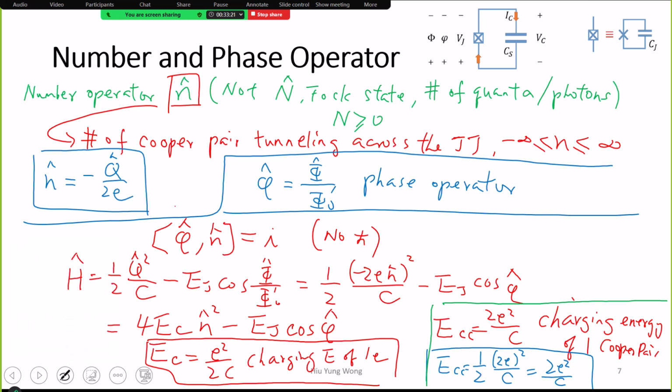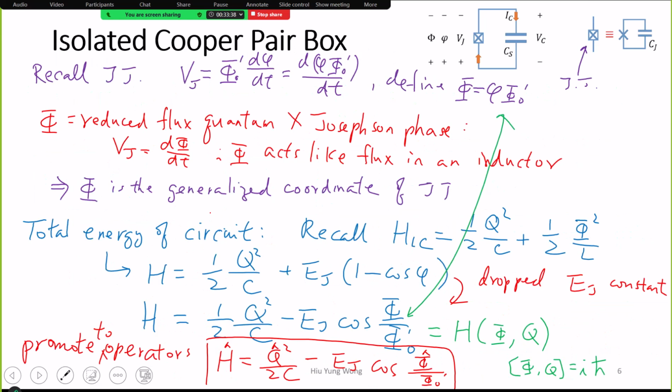So let me remind you again, for this, phi and n are a conjugate pair. Okay, so what have we done here? I know it's a little bit confusing. We repeat what we did in the LC tank, and we come up with this Hamiltonian.